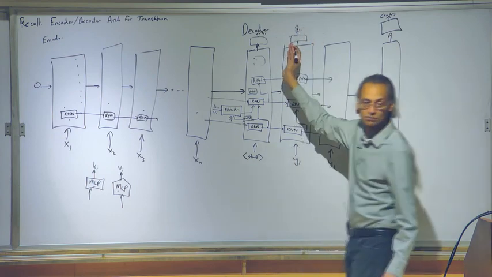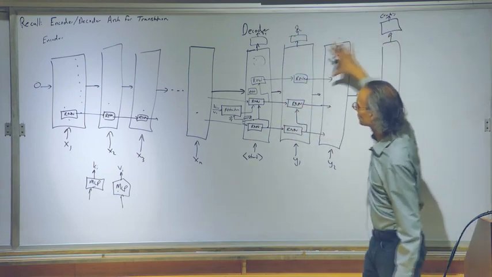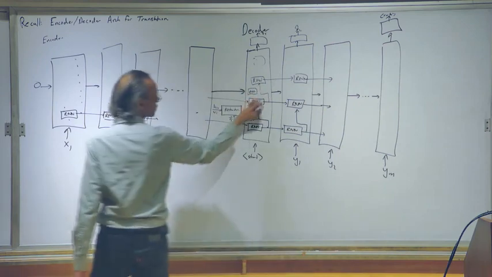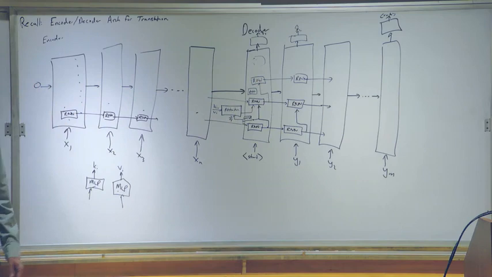When you put the losses on top of here, the gradients will pass through not just down this way and through the state, but they'll also pass through attention over onto this side. Same way as in UNets, right? In UNets, the gradients flow all the way through, not just through the bottleneck, but through everything.